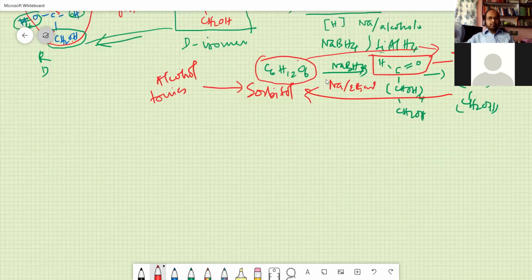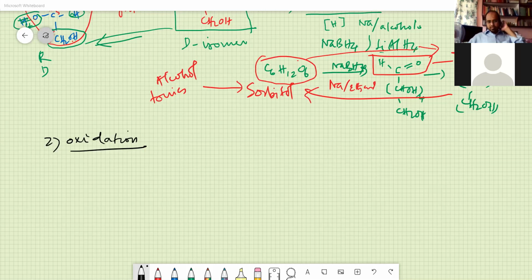The second reaction which we often see is the oxidation. In the oxidation, we usually use a mild oxidizing agent as well as a simple oxidizing agent. Let me take the example of the simple oxidizing agent, as we are used to know, bromine in water.